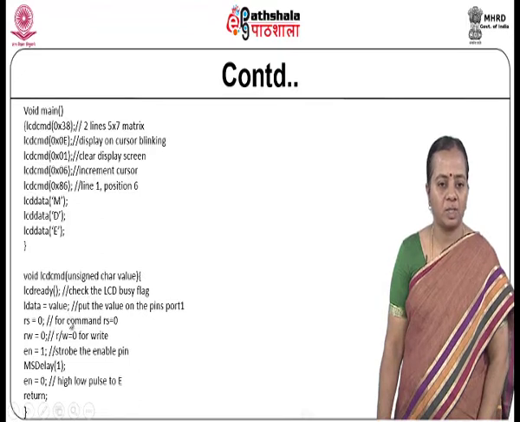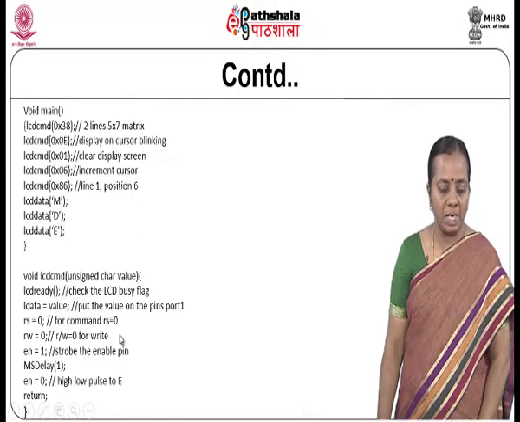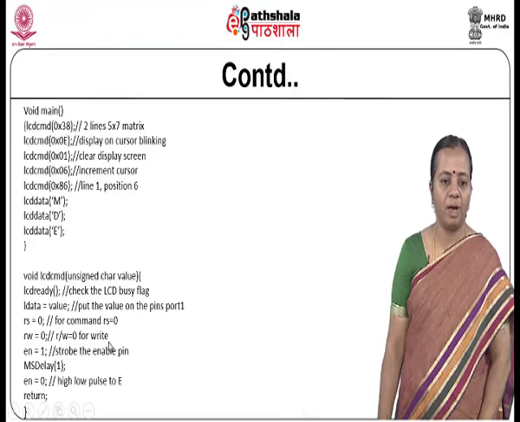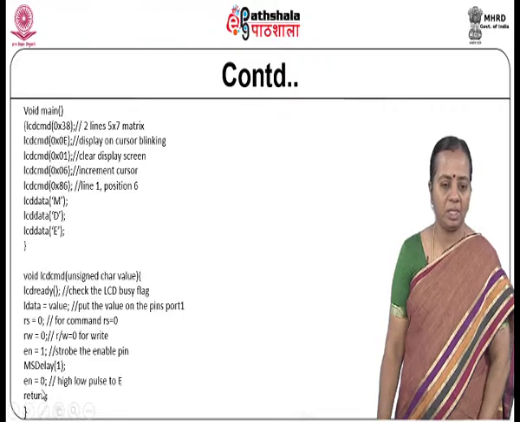RS is made 0, remember it is a negative logic system, so the LCD chip is selected. Now RW equal to 0 makes this a write. Enable is set to 1 first, then I call a delay, and then make it 0.